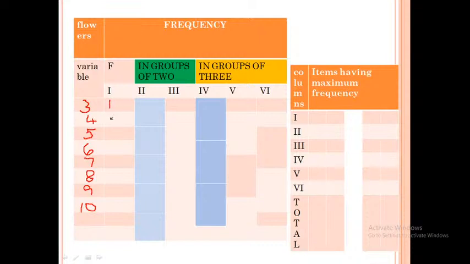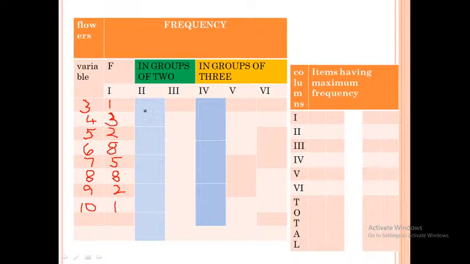Frequency of 3 is 1, 4 is 3, 5 is 2, then 6 is 8, then 7 is 5, then 8 is 8, then 9 is 2, then 10 is 1.